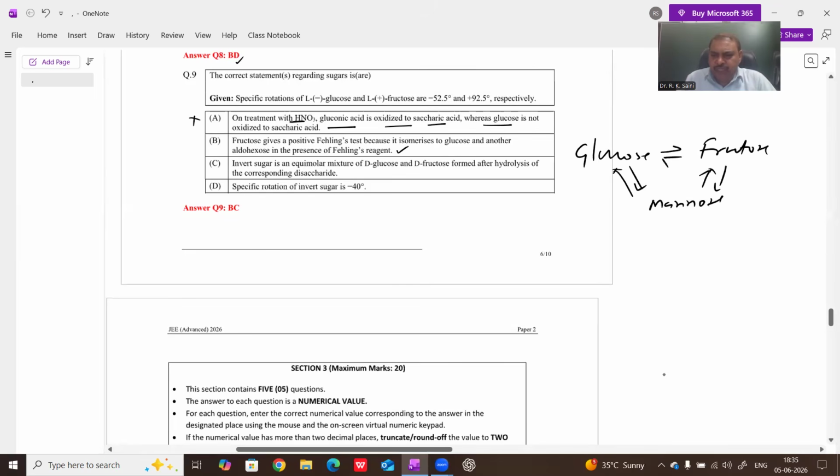In alkaline medium, these isomers exist, and hence due to presence of glucose and mannose, they contain aldehyde group, and give positive test with Tollens reagent and Fehling solution.